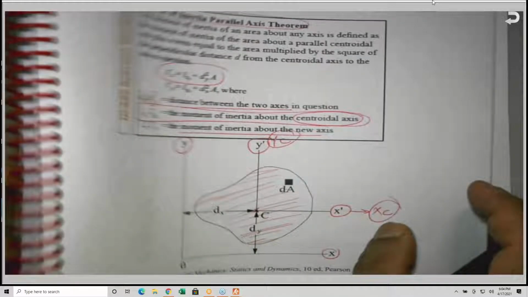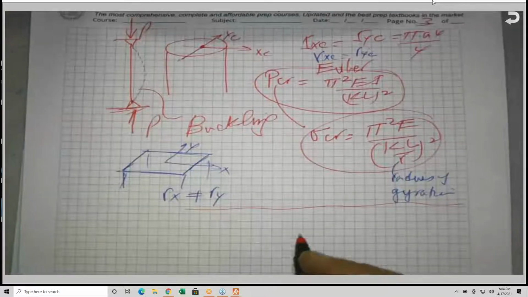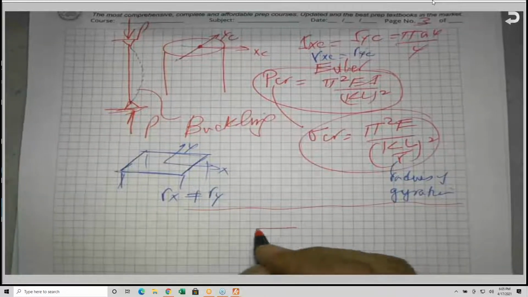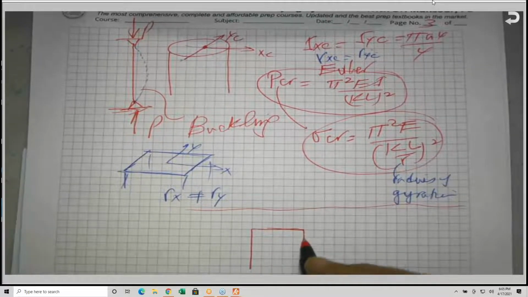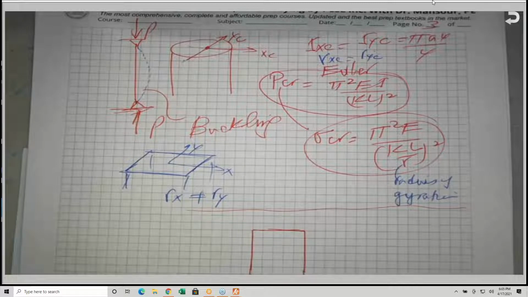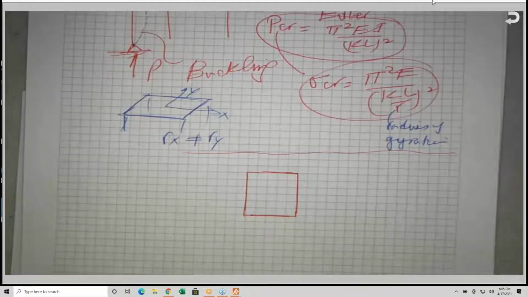So basically, they are telling us in the parallel axis theorem that I do have an area, and let me derive it for you in one of the sections that's given in the table. A rectangular section is very easy.